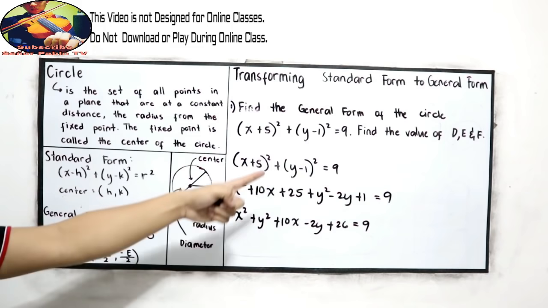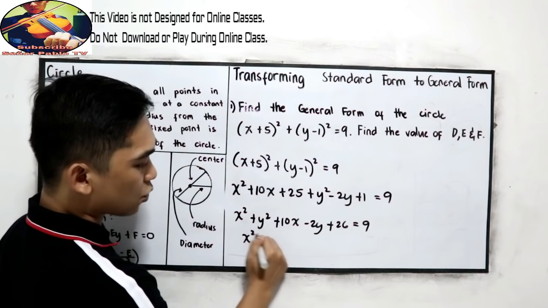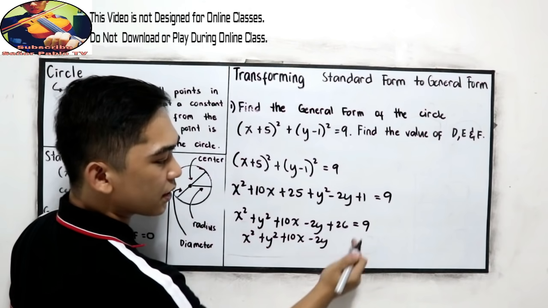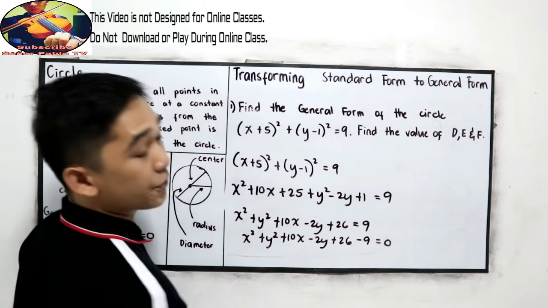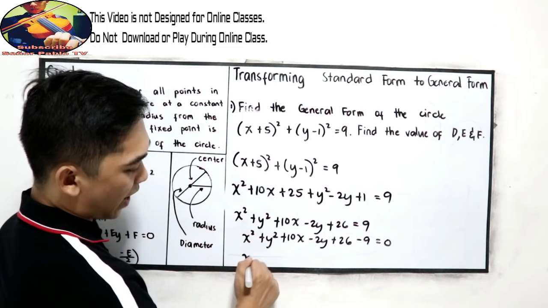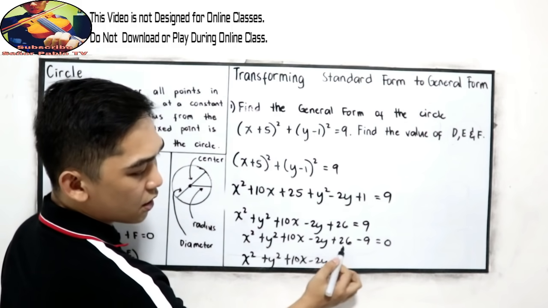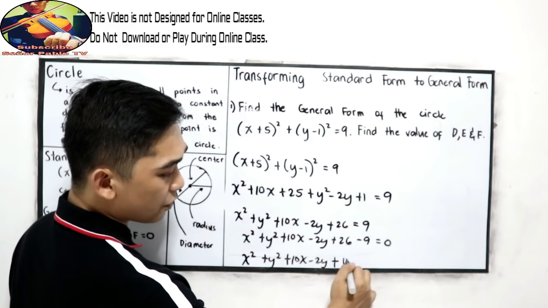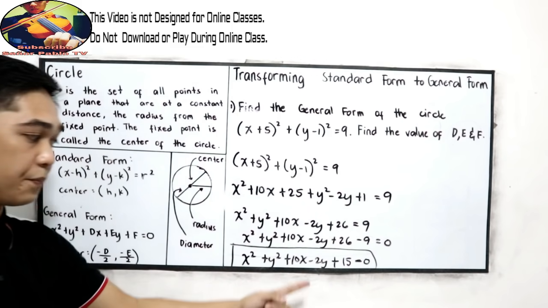Again, our general form is equated to 0, so x squared plus y squared plus 10x minus 2y plus 26 minus 9 is equal to 0. Let us combine 26 minus 9. So x squared plus y squared plus 10x minus 2y, 26 minus 9, that is positive 15, is equal to 0. This is now our general form.